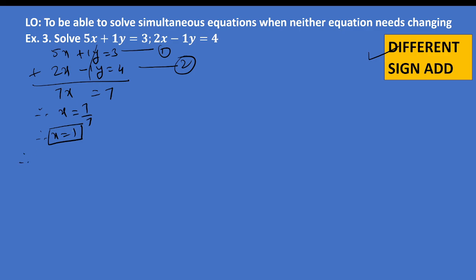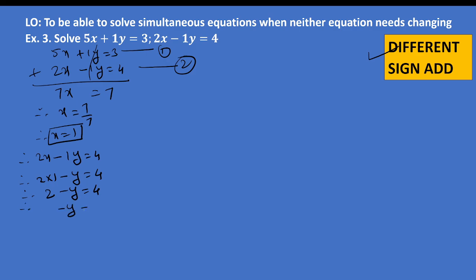Now to get the value of y, right now I'm going to use equation number 2, because earlier I was using equation number 1. Which is 2x minus 1y equals 4. Therefore 2 into 1 minus y equals 4. Therefore 2 minus y equals 4.